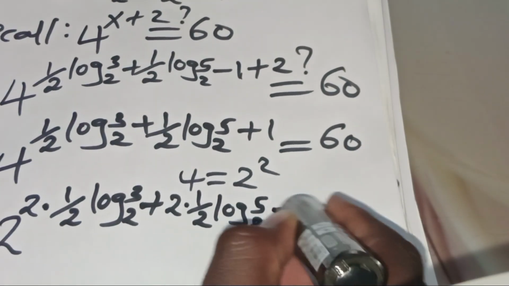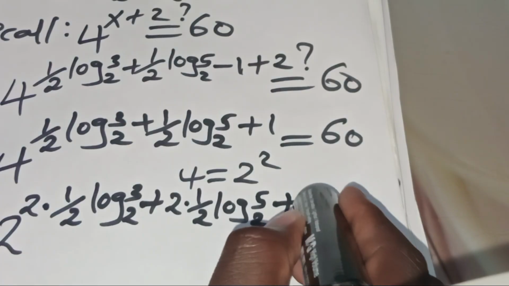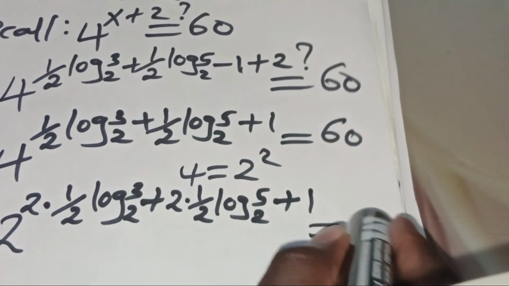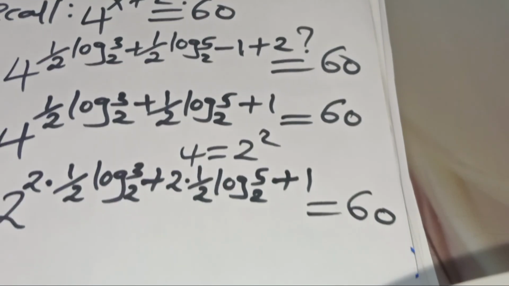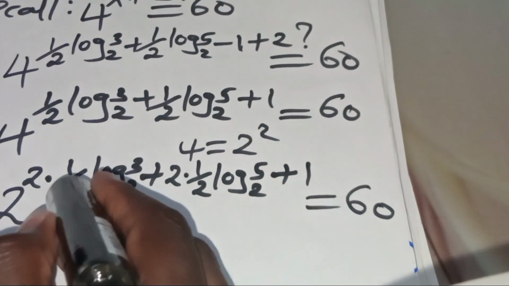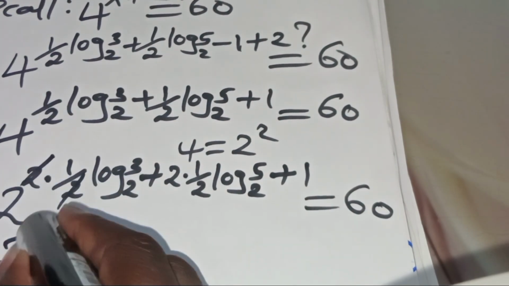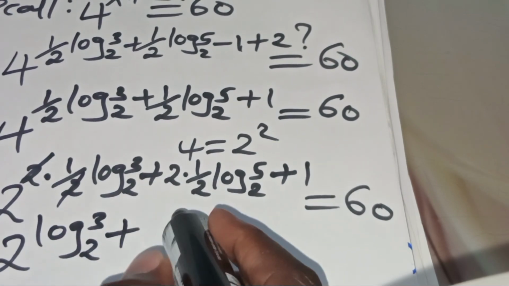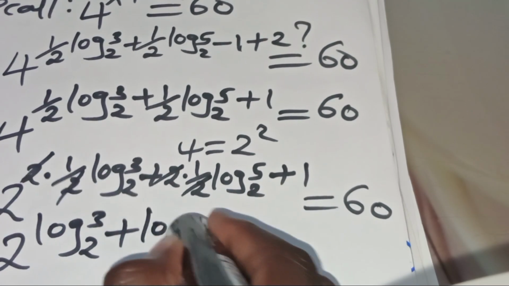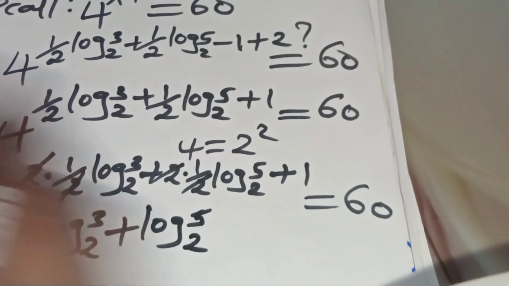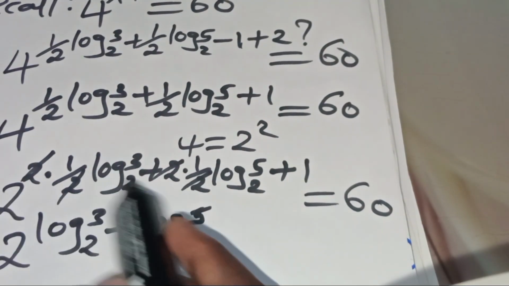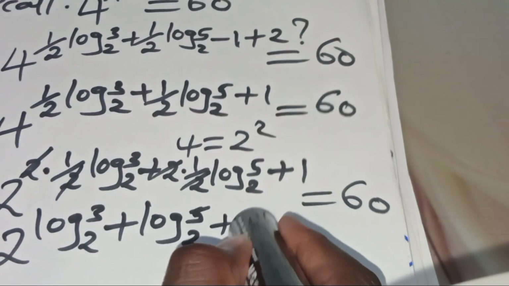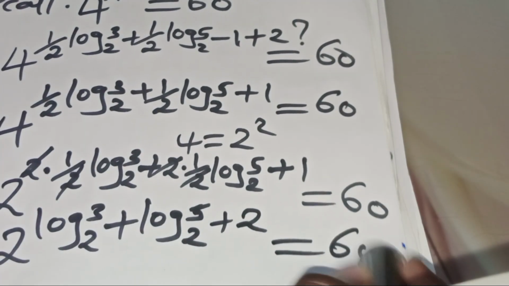Plus, now this is plus 1. Now this should give us a value of 60, okay? Now from what we have here, we simplify, we will have 2 to power log 3 to base 2 plus log 5 to base 2, okay? Now this is plus 2 times 1, which is equal to 2. This should give us a value of 60.